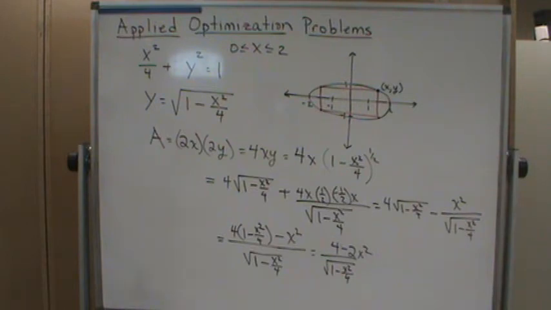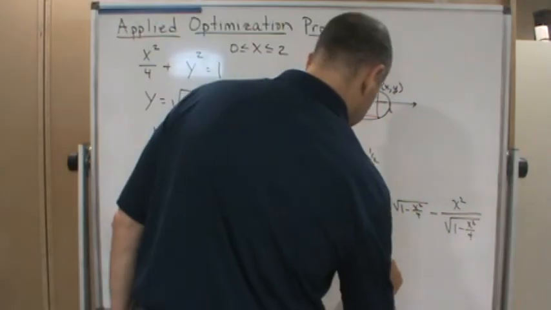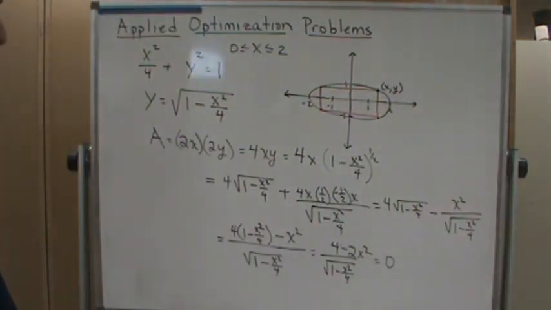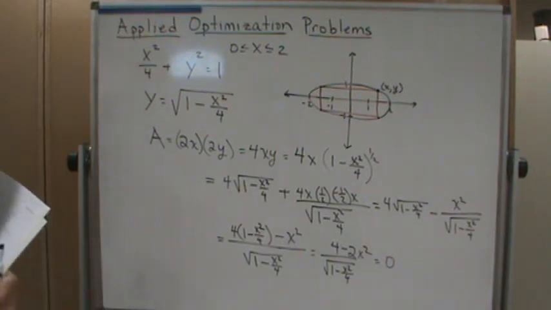So now we want to set this equal to 0. At this point, what is going to make this equal to 0? Well, the only way to set it equal to 0 is if the numerator is equal to 0.